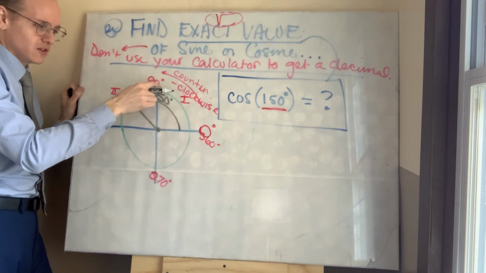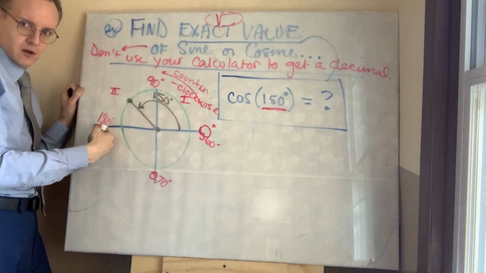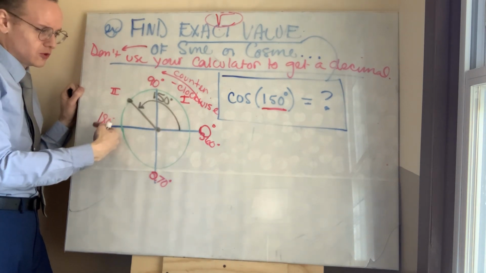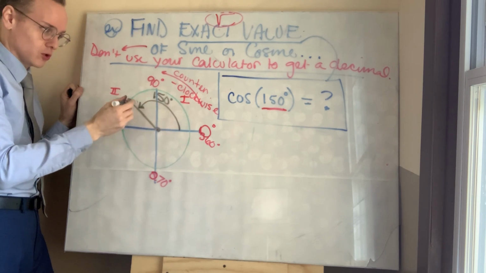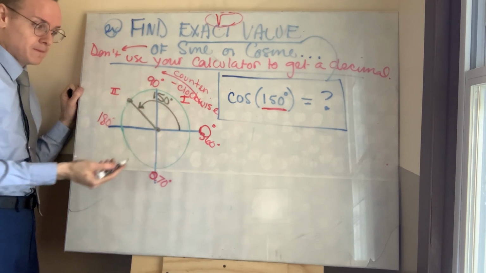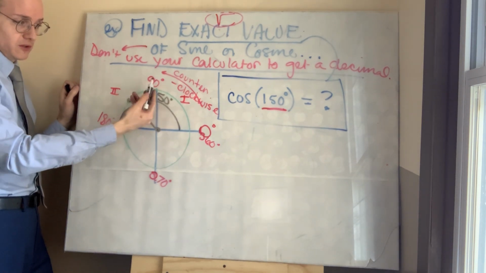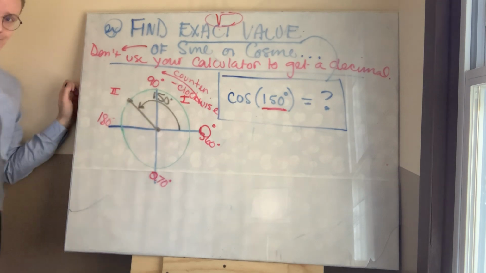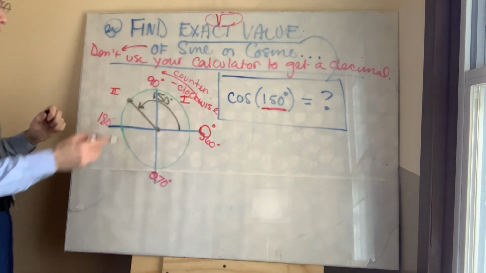We know that 90 is exactly this vertical dimension here, and 180 is exactly this horizontal number here. So 150 by sheer logic alone would have to be somewhere in between. If I drew the picture a little bit more precisely, it probably would be favoring the 180 a little bit more than the 90, not exactly in the middle.